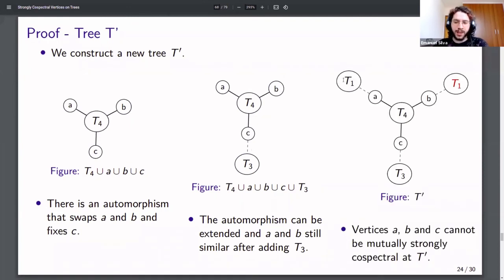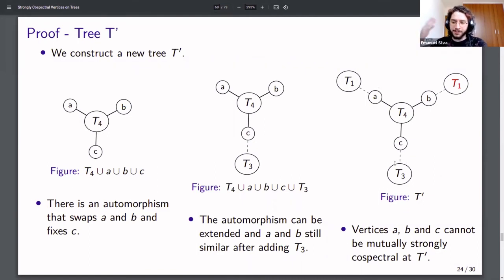And now if we add T1 connected to A and a copy of T1 connected to B the same way as we connected to A, at this graph, T prime, A and B are still similar. And therefore, we can again extend the automorphism, and we can again swap A and B while fixing C. And therefore, A and C cannot be strongly cospectral at T prime.